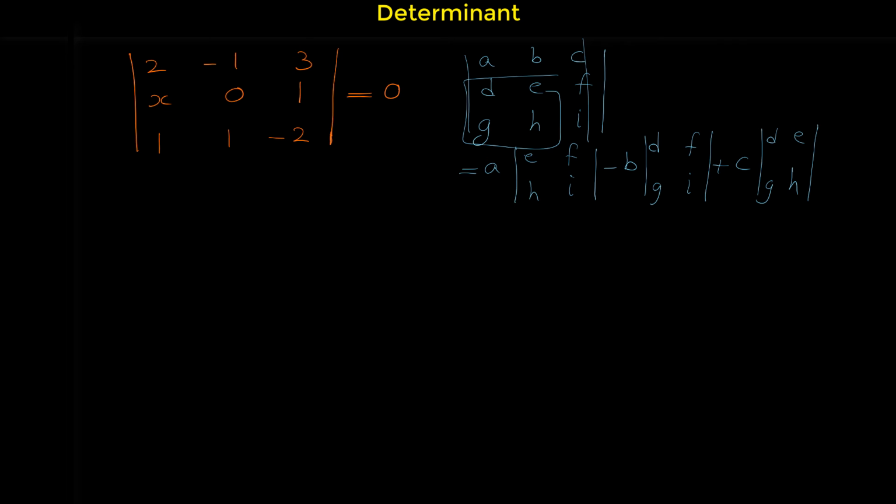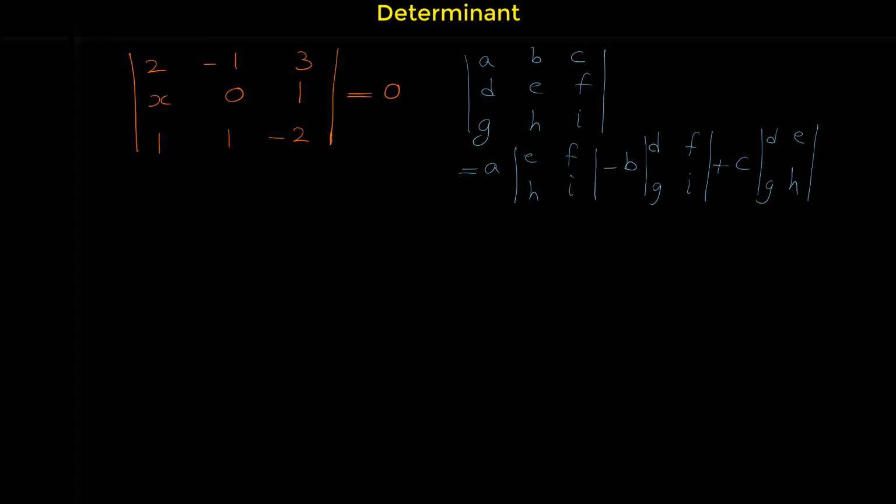If you want to learn more about the determinant of a 3 by 3 matrix, watch my video regarding finding the determinant of 3 by 3 matrices. In that video, I explained this formula in more detail.